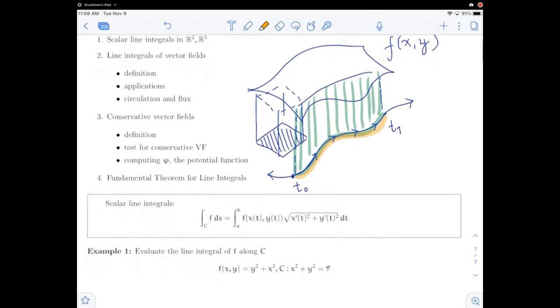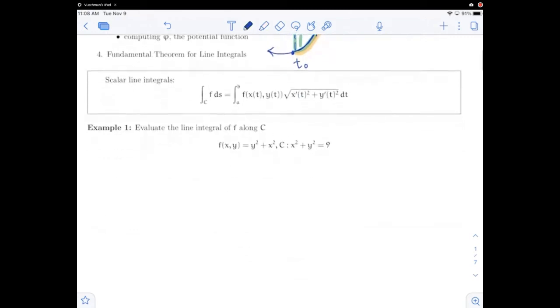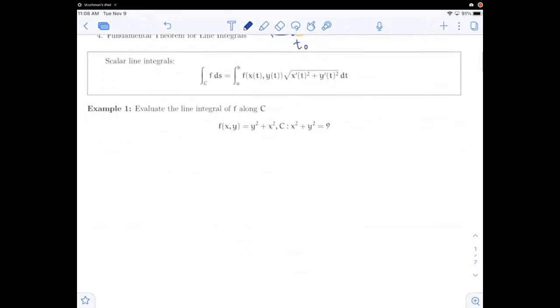So let's take a look at the first example. Okay, what does it say? It says evaluate the line integral of f along C, and C is defined to be what? This is a circle of radius 3, and it's centered at the origin, right?